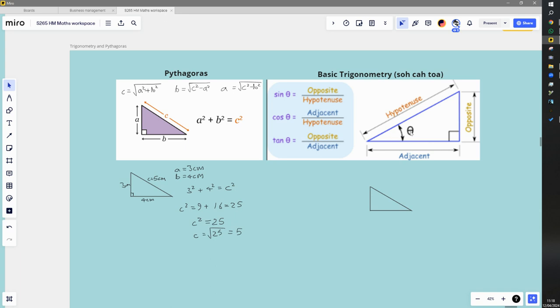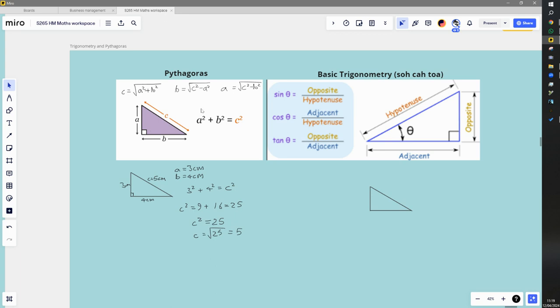So if you have been given an angle, or you're being asked to work out an angle, and it's a right angle triangle, then you probably want to use SOHCAHTOA. But if it's only lengths of the sides of the triangle and there's nothing about angles in the question, then you're probably going to be wanting to use Pythagoras. And for some questions, you might have to use a combination of the two if it involves more than one triangle. So that's the basic idea.